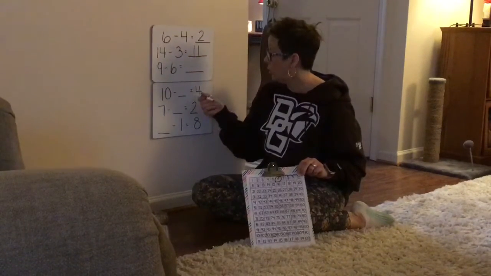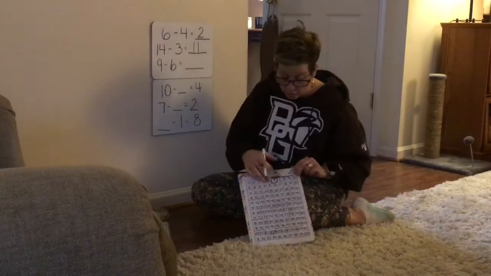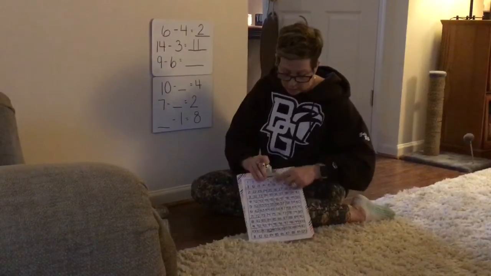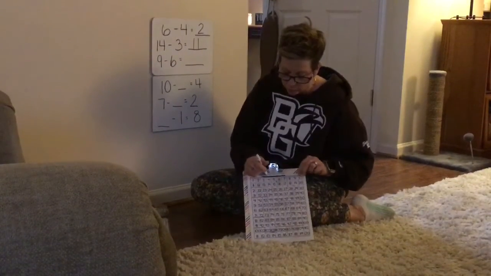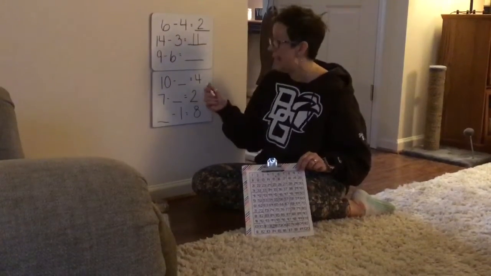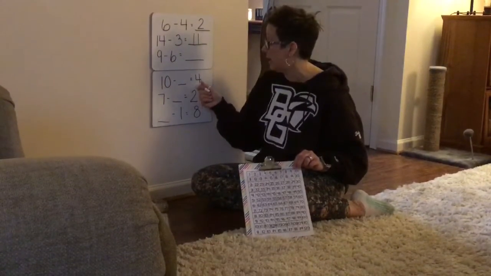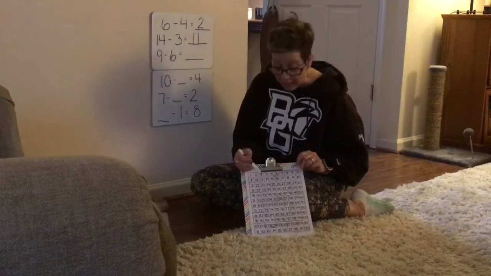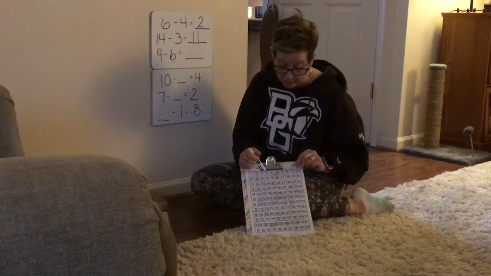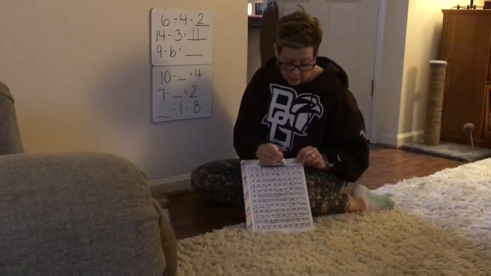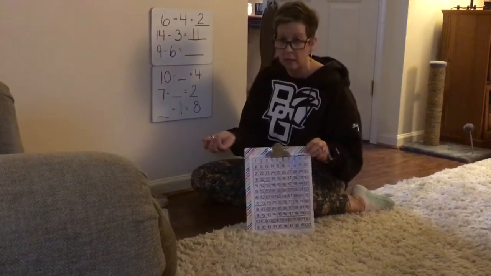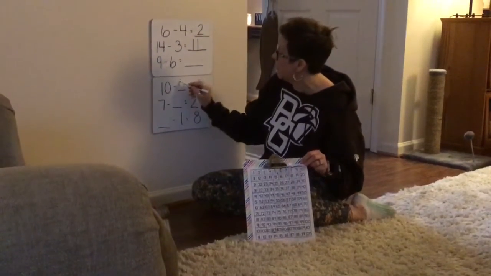Or you can start at 4 and add. You can add and jump up to 10. Count your hops. See how many hops you have. 1, 2, 3, 4, 5, 6. 6 hops. So it is 6.